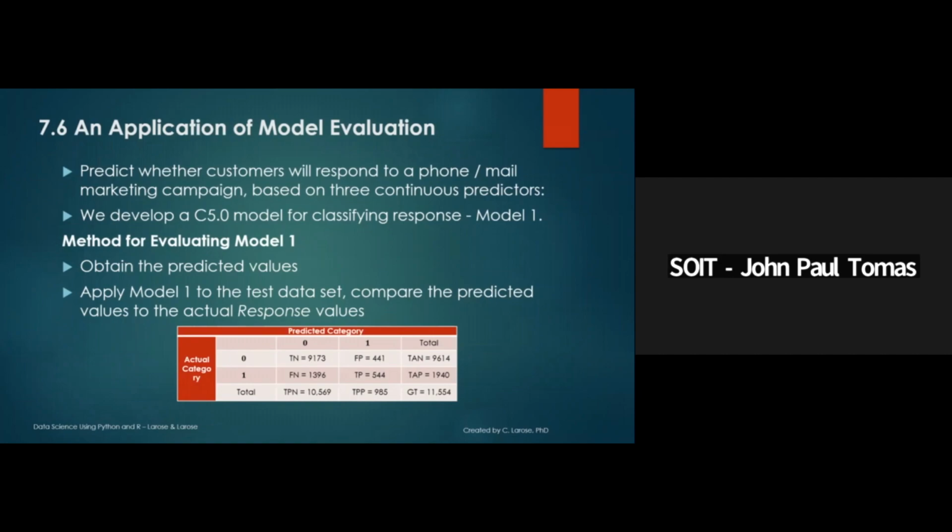To test the model, we will be comparing the predicted values to the actual response values. As you can see, there's a contingency table, with the actual category and the predicted category, with 1 and 0 as well.